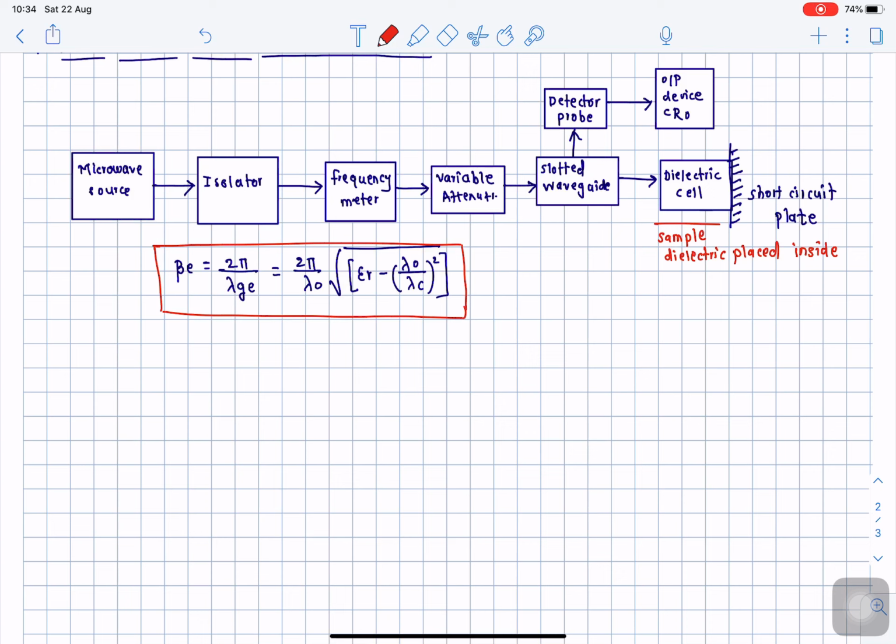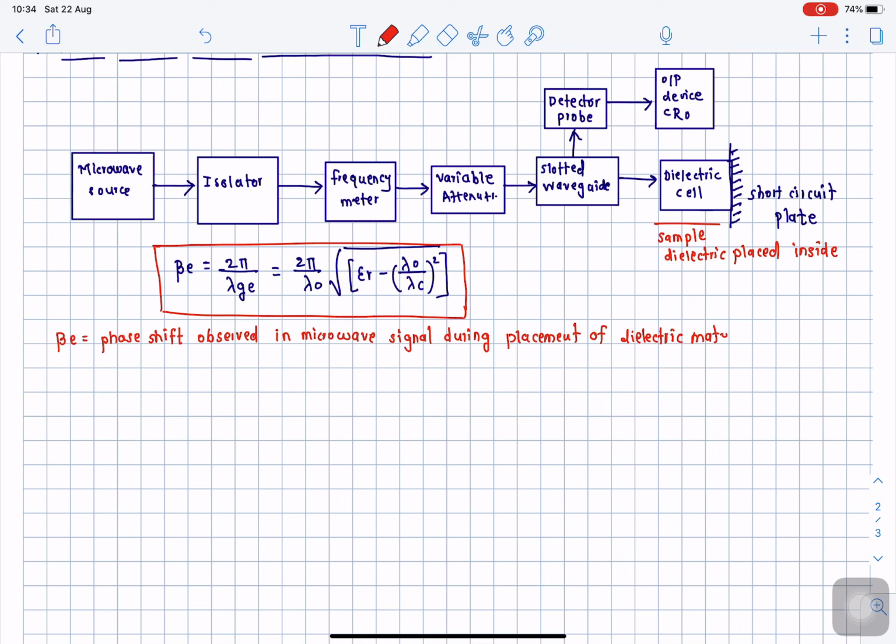Okay, so here I will denote all these parameters. So what is beta E? Beta E is the phase shift observed in the microwave signal during the placement of the dielectric material, right?